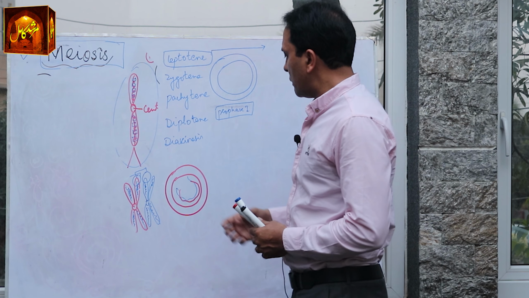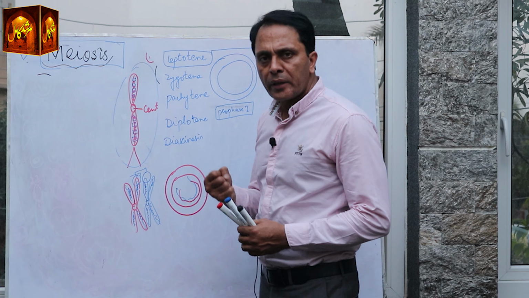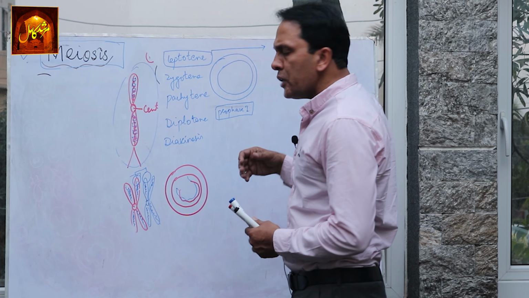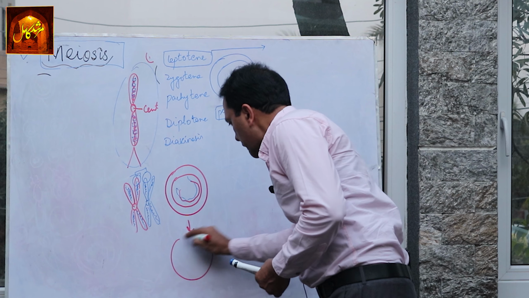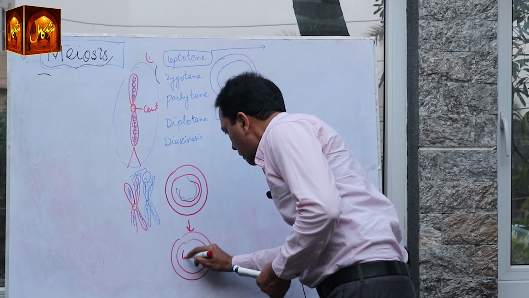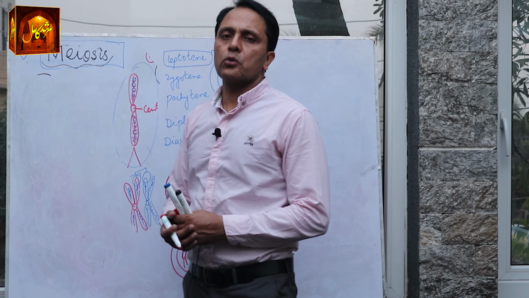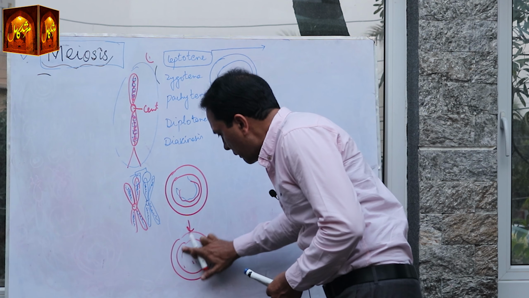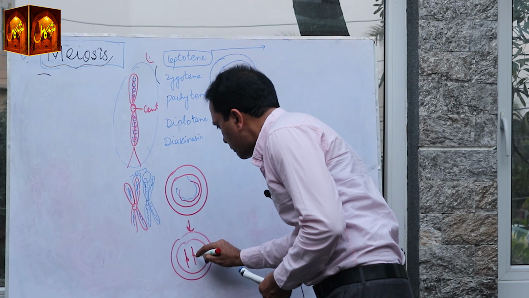Thirdly, it shortens, shrinks, and changes into chromosomes. Basically over here it will be a single structured chromosome.